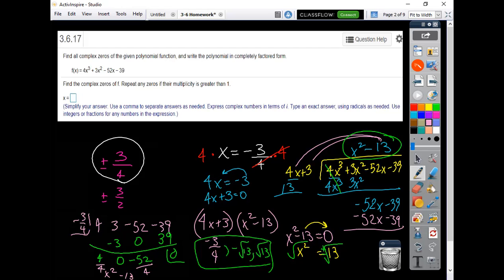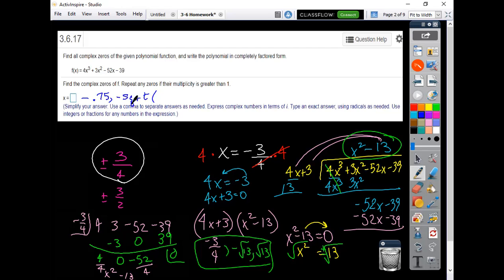So problem 3.6.17, again, find the complex zeros is what they were asking for in the problem. Repeat any zeros if their multiplicity is greater than 1. We did not have that. But our complex zeros, complex implies imaginary, we didn't have any. But if we were to list all of the zeros, we would have had the negative 0.75 and the negative square root.